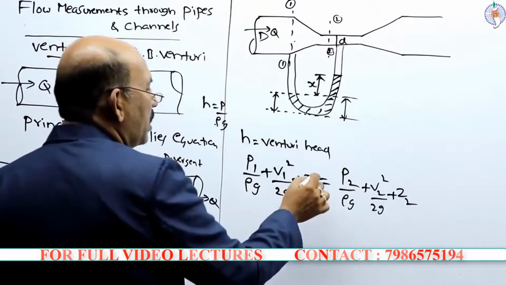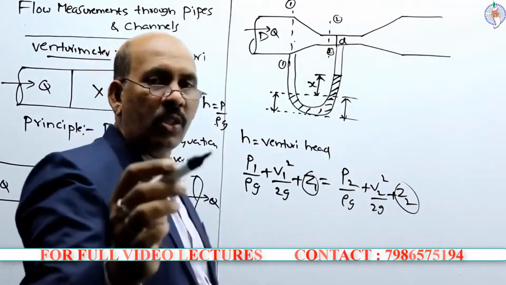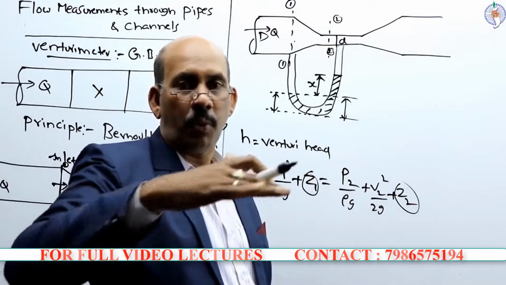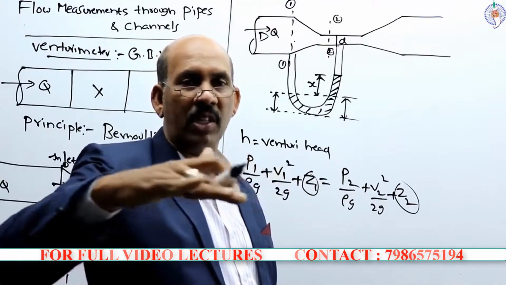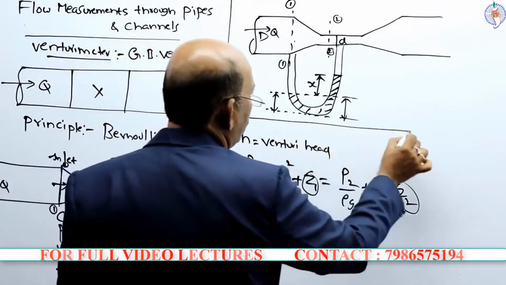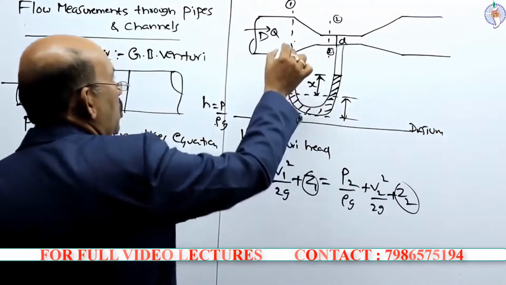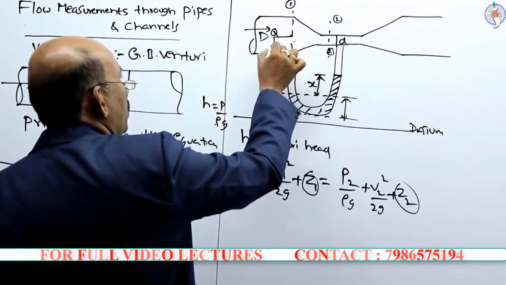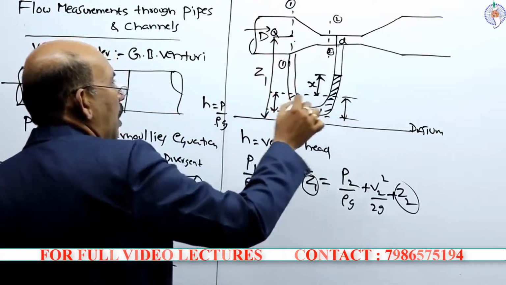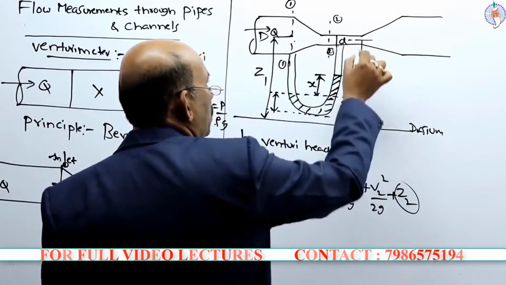Accordingly, this Z1, Z2 are the datum heads, meaning by position, anything with reference to a datum. Suppose I consider this one as datum, so this point 1 is Z1, and this particular point 2 is Z2.